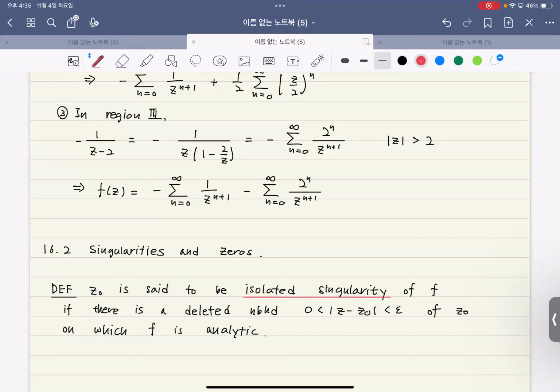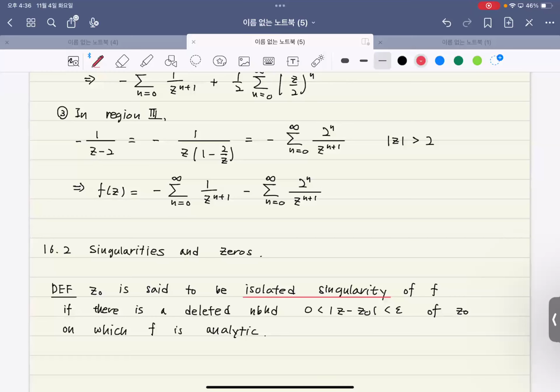Okay, so what do I mean by a singular point being isolated? Suppose that I have a function f, and suppose that my function fails to be analytic at this point. In this case, each of these singular points must be isolated. Why?